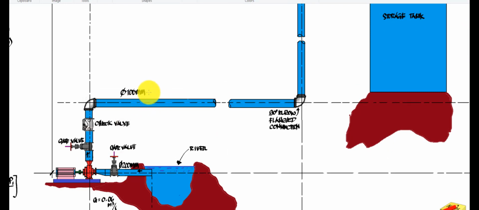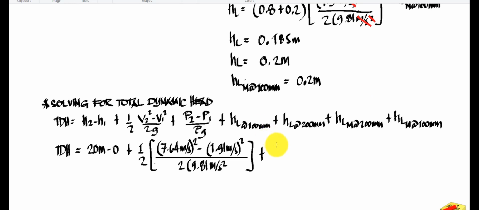Now since walang requirement of pressure for the suction and discharge, so we're going to zero that one. So the pressure here, it will be 0 minus 0 divided by density, which is 998 kilogram per cubic meter, times the gravity, which is 9.81. So usually magsi-0 ito. This is one to represent lang.